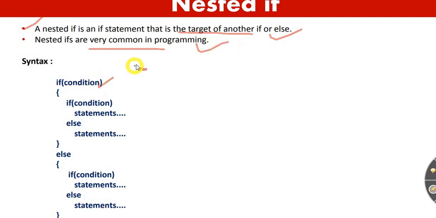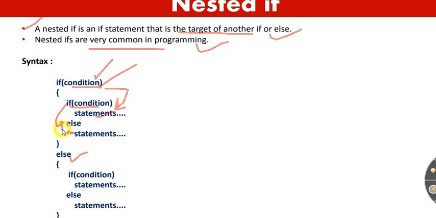So if condition, within this if there is another if, means if this condition gets true, it is going to enter this block, otherwise it is going to enter the else block. If this condition gets true, then again it is taking condition 1. If this is true, it executes; if this is false, then it is going to execute the else block.